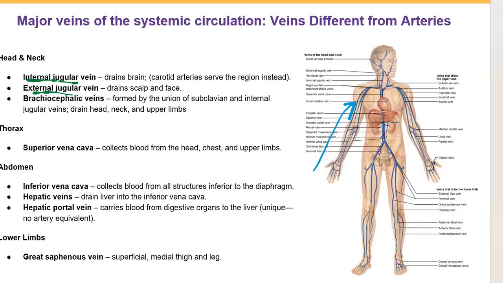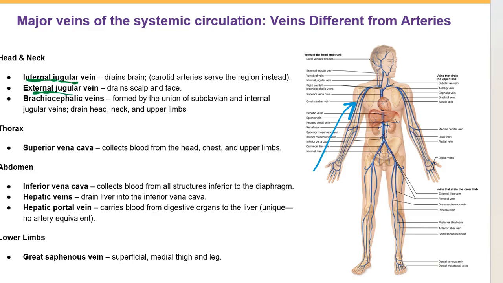So instead of having internal jugular artery, we have carotid arteries. We do not have any jugular artery, instead we have jugular vein. We do not have any carotid vein, we have carotid arteries. Carotid arteries are the arteries supplying the neck and head, and jugular veins are the veins that bring blood back from our head and neck region to the heart.